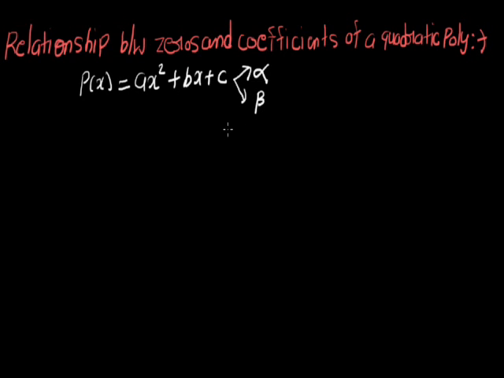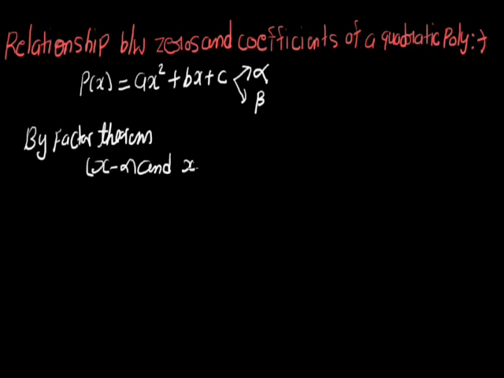Then by factor theorem, x minus alpha and x minus beta are the factors of p of x.